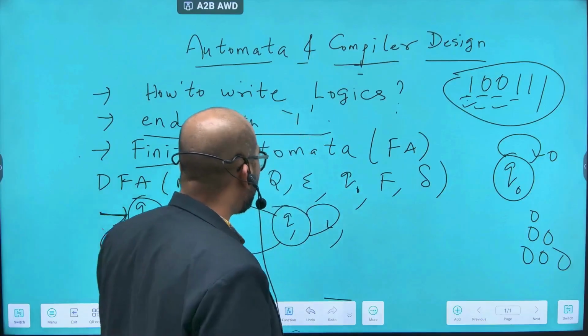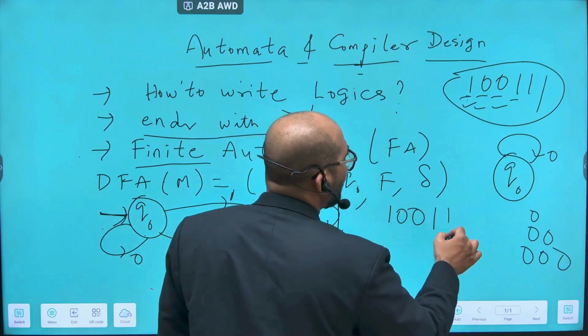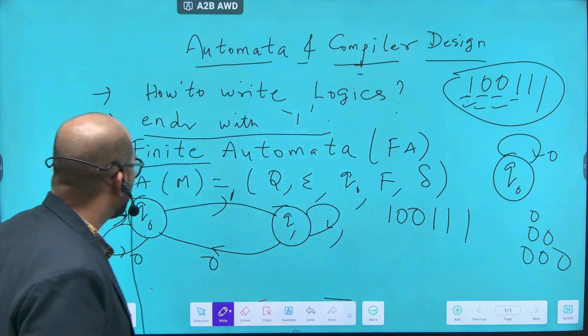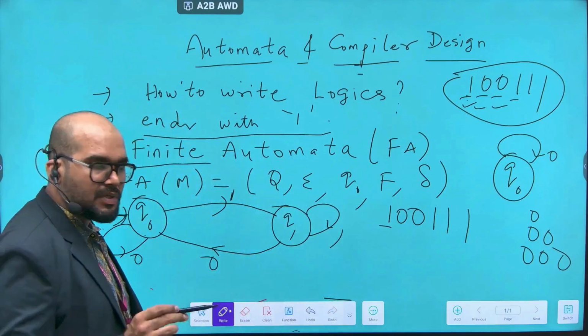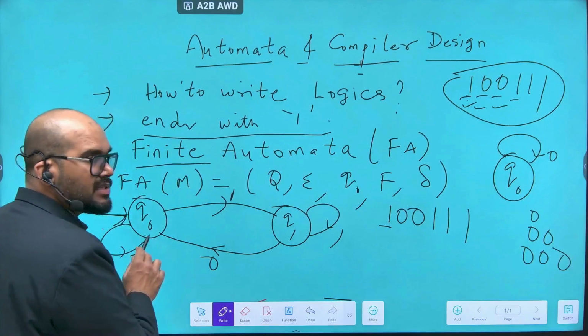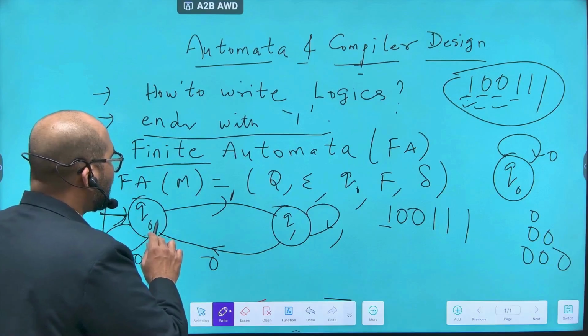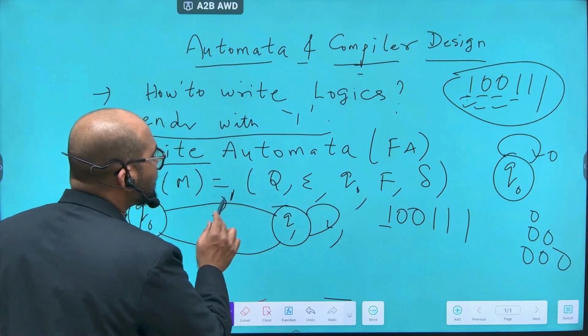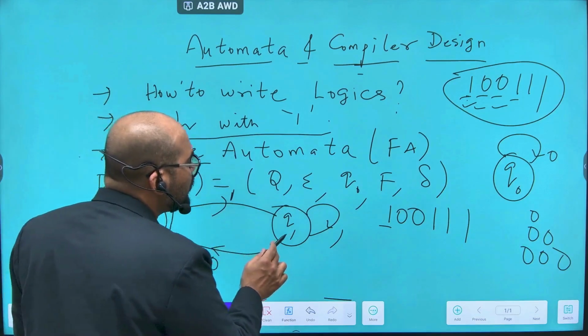Now let me check the string 1 0 0 1 1 1. Regarding the first input symbol, our machine from initial state Q0 with input symbol 1 moves to Q1.